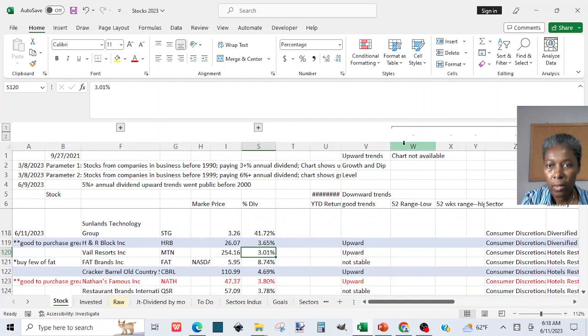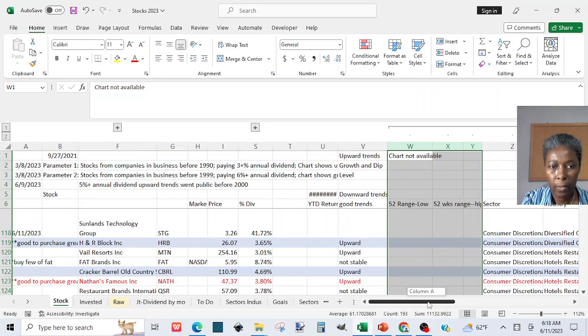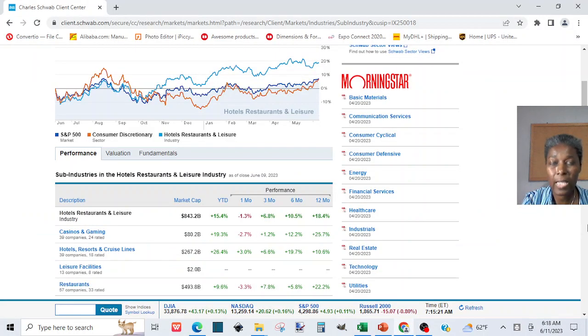But anyway, you have the list of companies that you entered in your spreadsheet. Now you want to search those companies to see if they are really good companies for you to invest in long term.